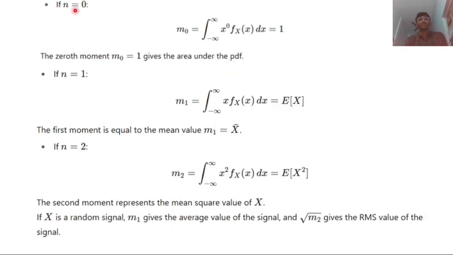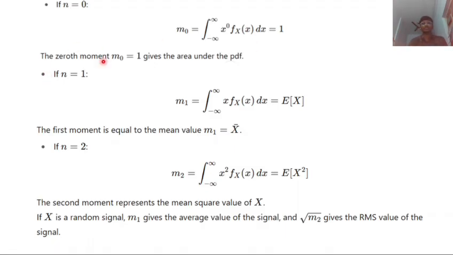Case 1, if n equal to 0, then m0 is equal to integral from minus infinity to infinity of x power 0 fX of x dx, equal to 1. Here x power 0 gives 1, and the integral from minus infinity to infinity of fX of x dx gives the area under the probability density function, which is 1.